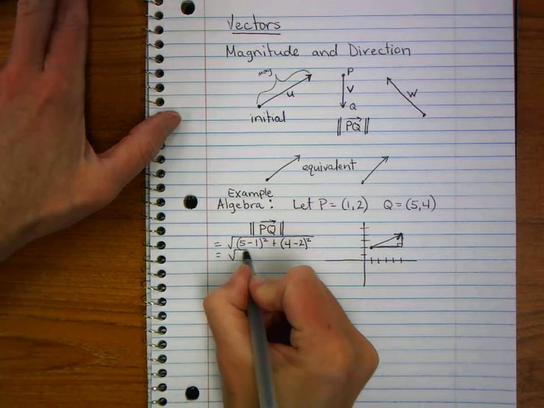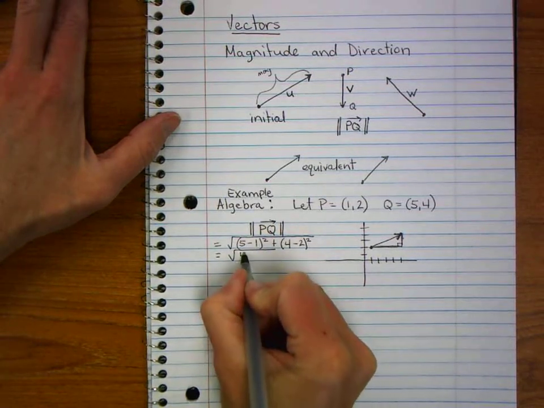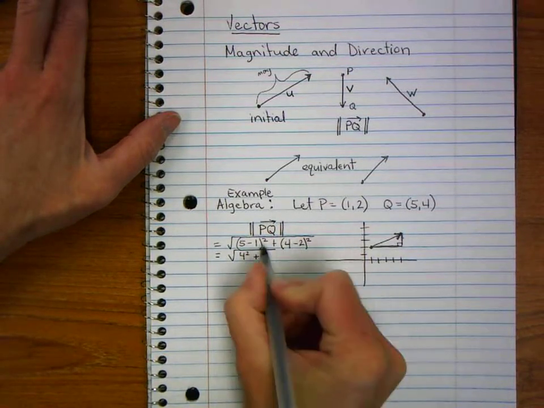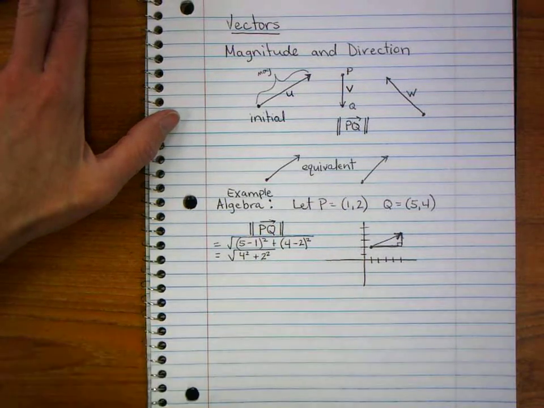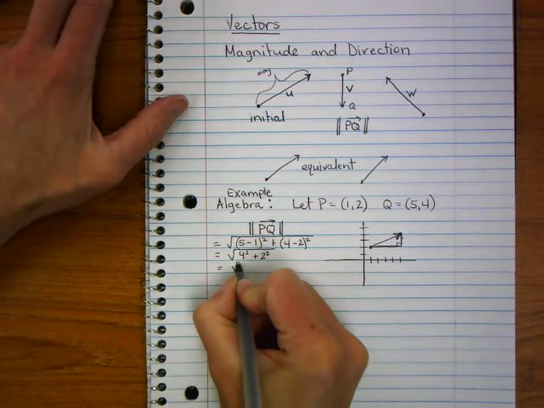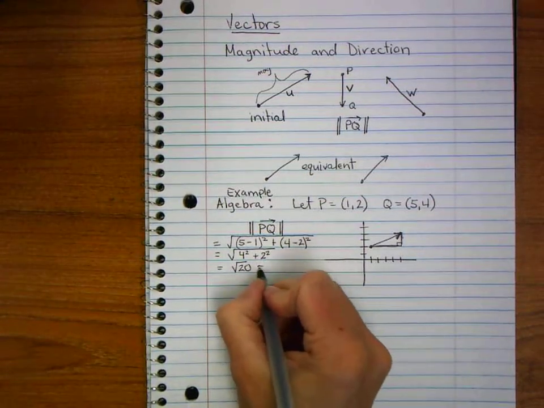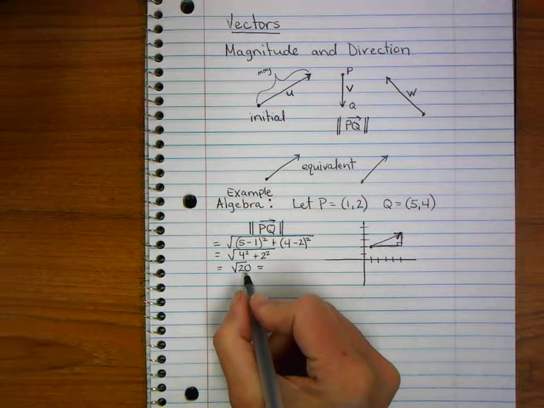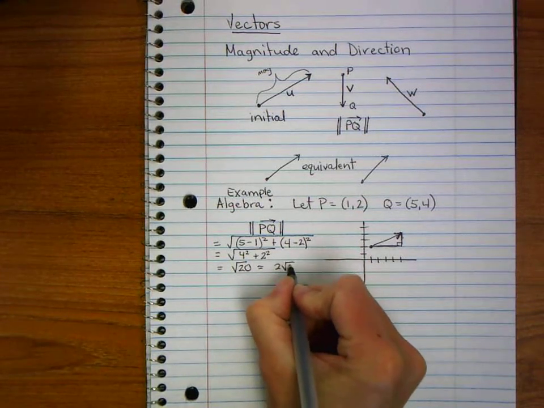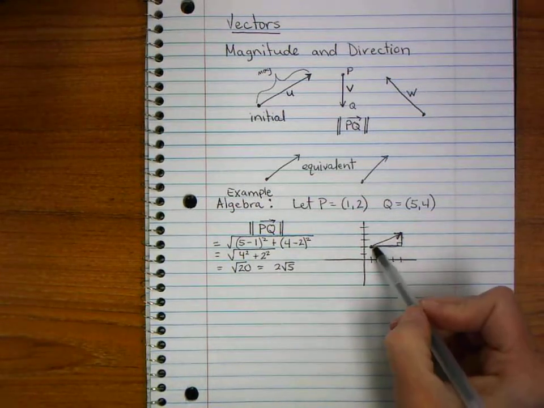So we have 4 squared plus 2 squared in our radical, which is the square root of 20. And we can simplify that. That's 4 times 5, so 2 square root of 5 is my distance here.